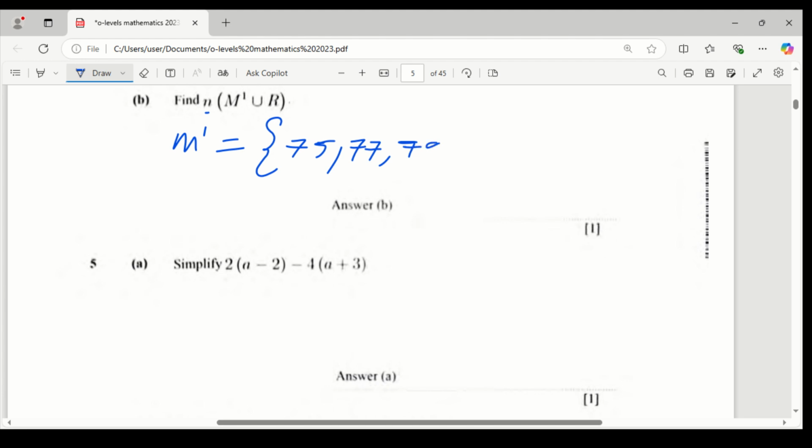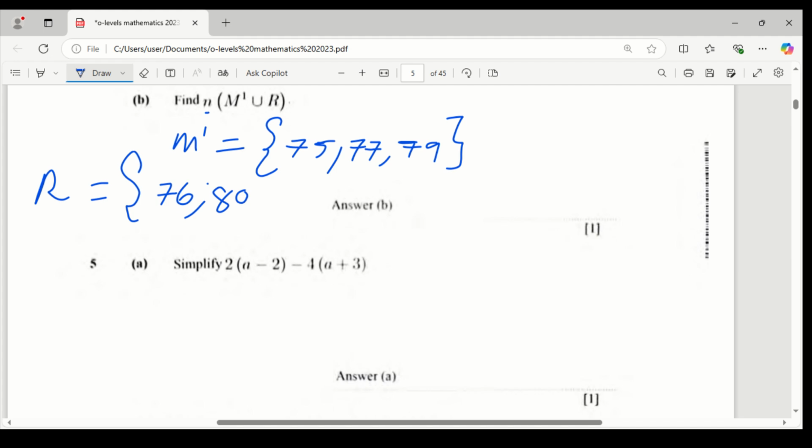So these are the elements of M complement, and then we want to look for the elements of R. The elements of R, we know them already, since we said that R, these are multiples of 4, and the multiples of 4 that we have, we only have 76 and 80, right?